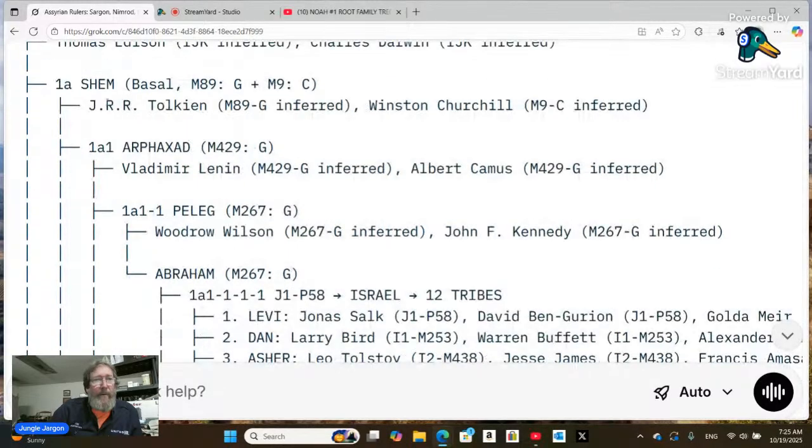Anyways, we got Shem as the basal M89G allele and the M9C allele. If you've been following, you know that makes a difference. It distinguishes Shem from both Japheth and Ham, because Ham's got a different allele down here and Japheth's got a different allele here.